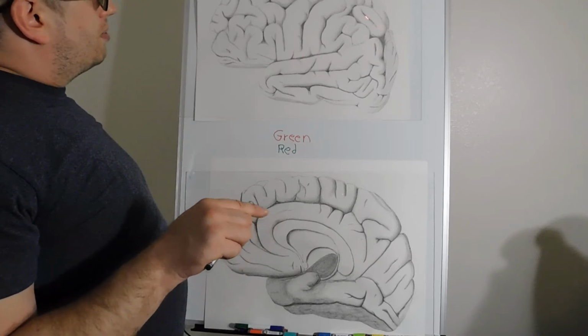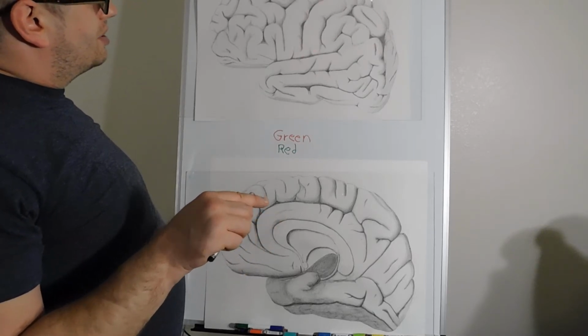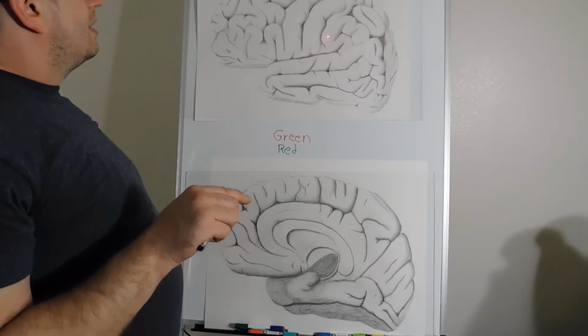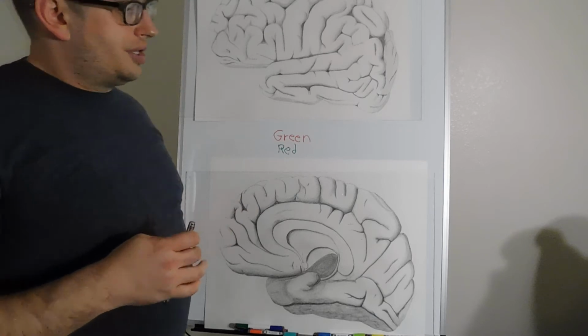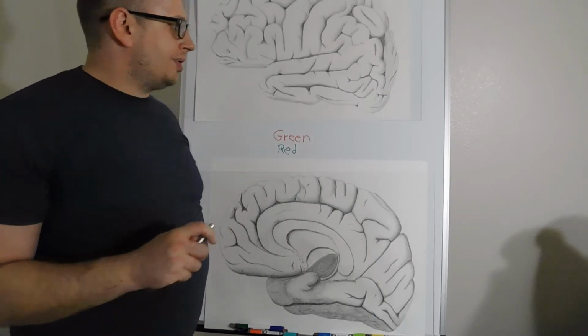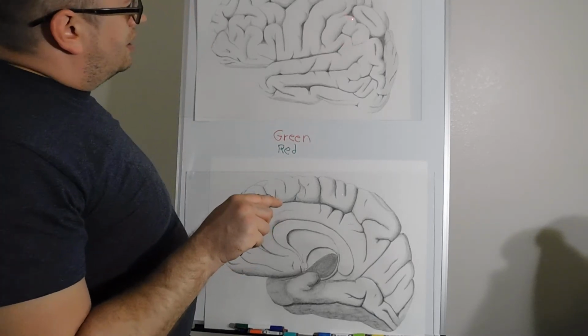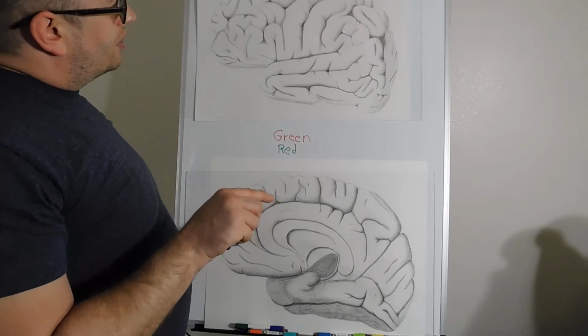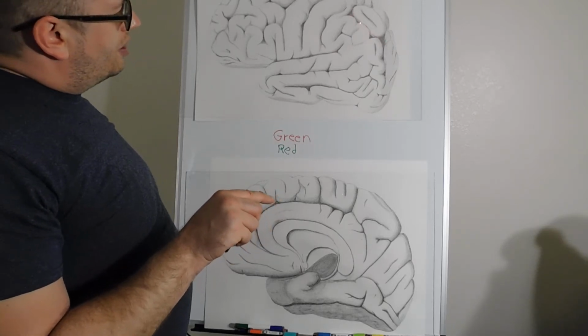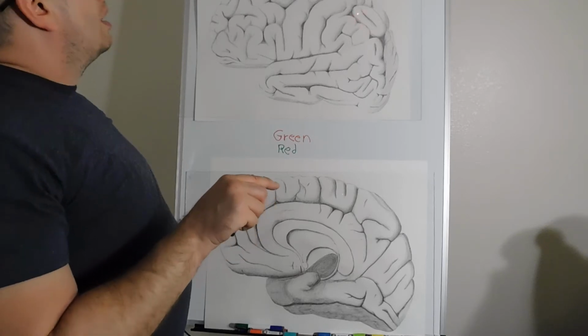So the parietal cortex encompasses this area here. Inferior parietal cortex is here. Actually, they call it the inferior parietal lobule, now that I think of it. And this is the intraparietal sulcus here, which is again infolding.